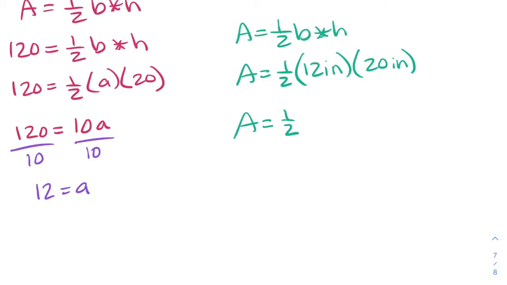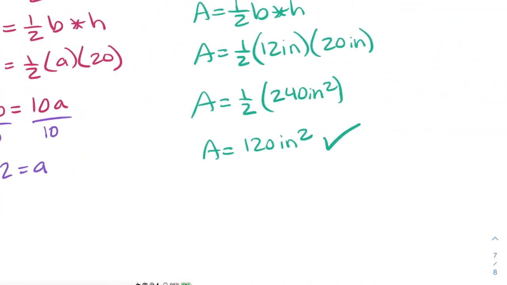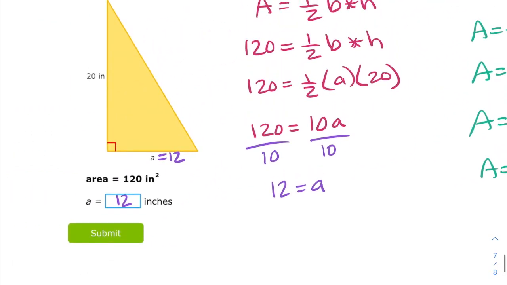So area is half of 12 times 20, which is 240 inches squared. And half of that is 120 inches squared. So that is the check that this is actually correct.